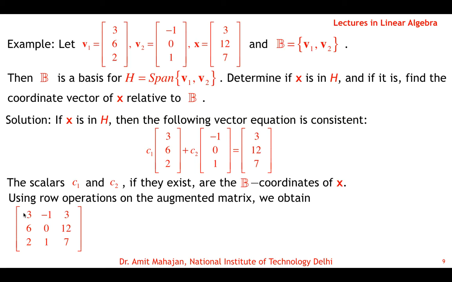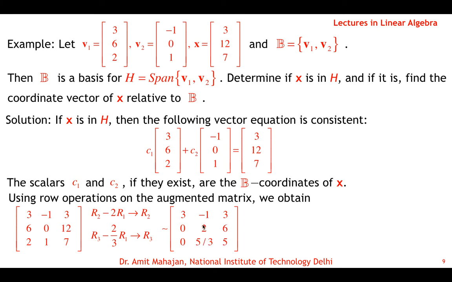In the first row, the first element becomes our leading element. We will use this to make the bottom two entries 0. So apply row 2 minus 2 times row 1 on row 2, and row 3 minus 2 by 3 row 1 on row 3. Row 1 does not change, and these two elements become 0, and the corresponding elements change.